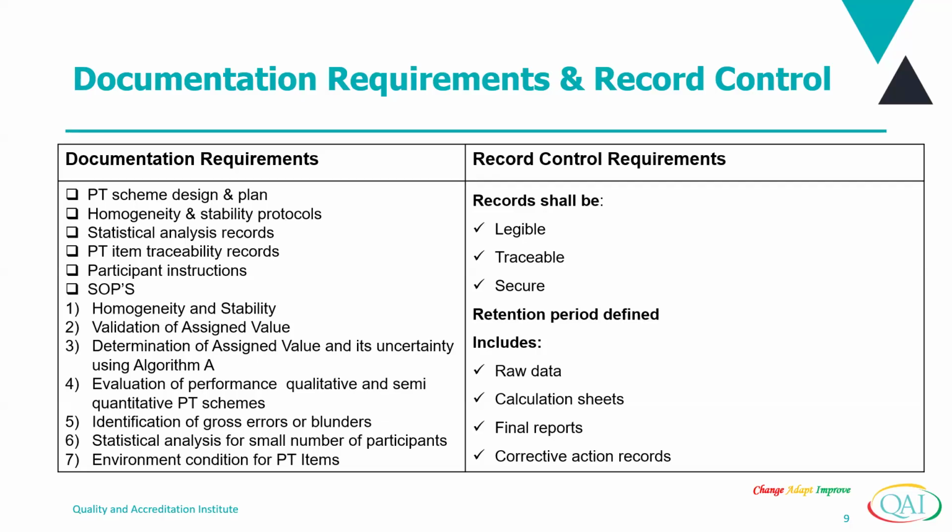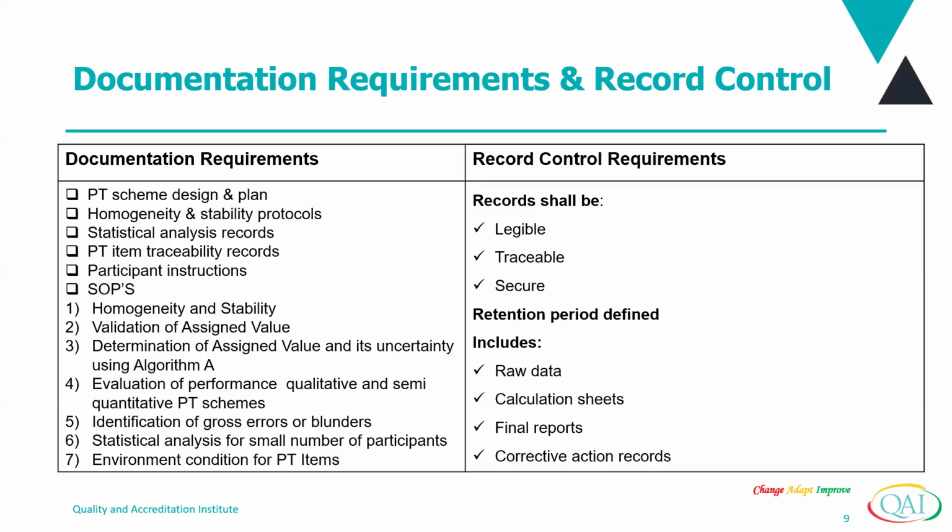Now, algorithm A is the most prominent statistical approach accepted by all the PTPs worldwide, and it gives some iterations, and could be 5, 10 plus iterations it develops, and based on that you will get a very stable assigned value from the participants' results.